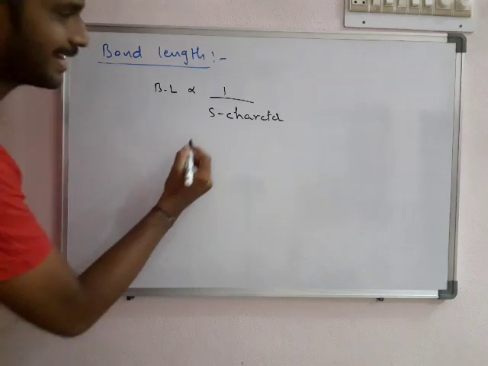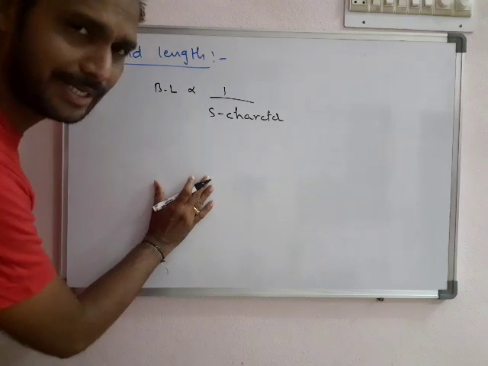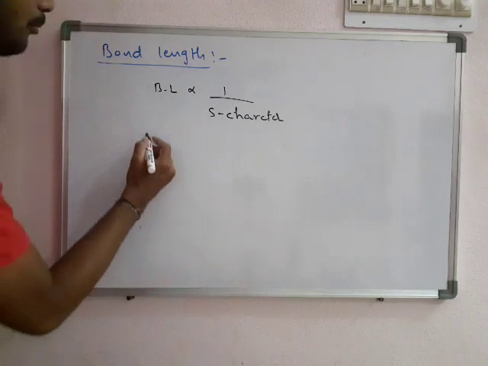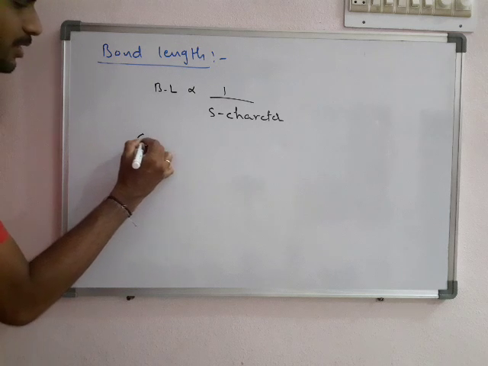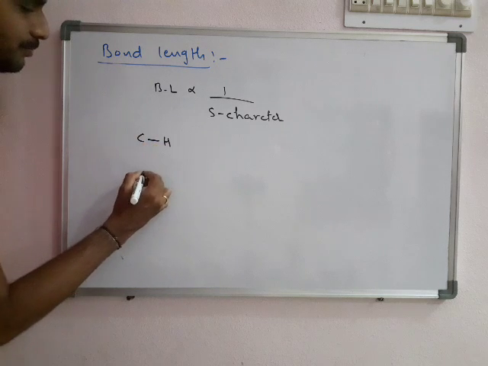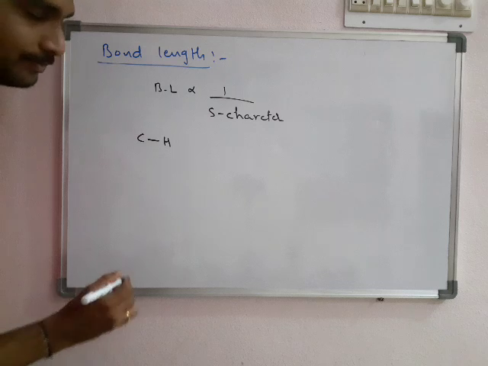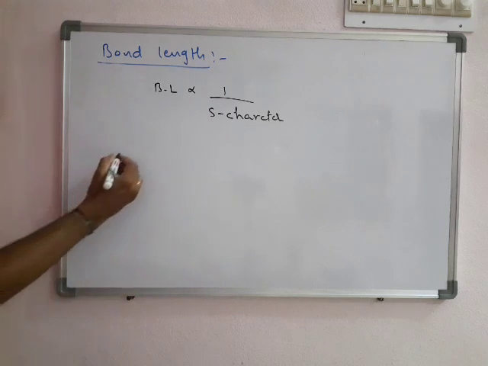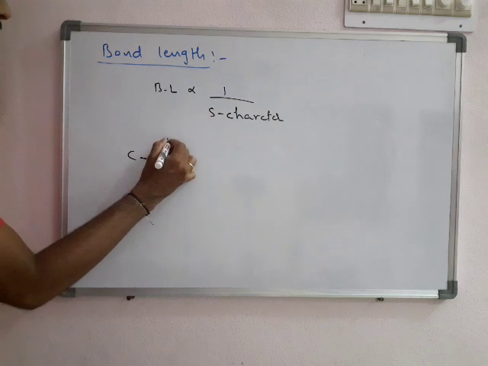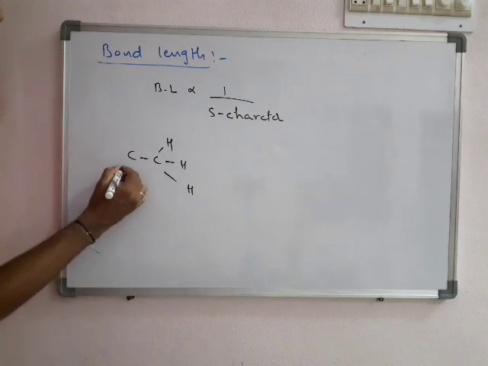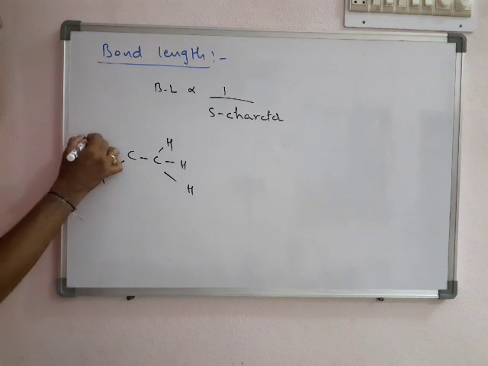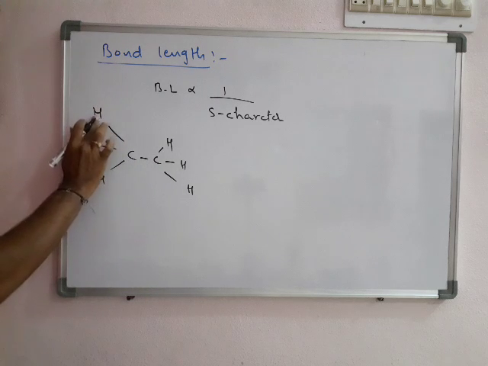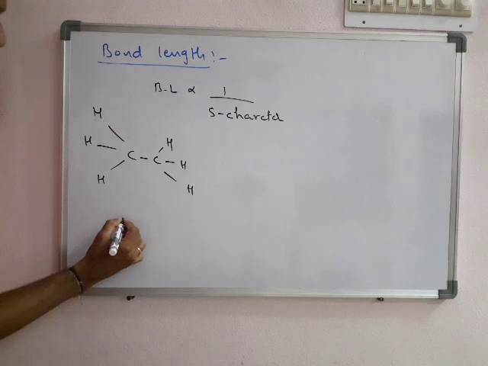In general, by comparing hybrid orbitals we find out the S character. Now for example, take the C bond H in C2H6. We know the structure of C2H6, ethane. So what is the name of this compound?